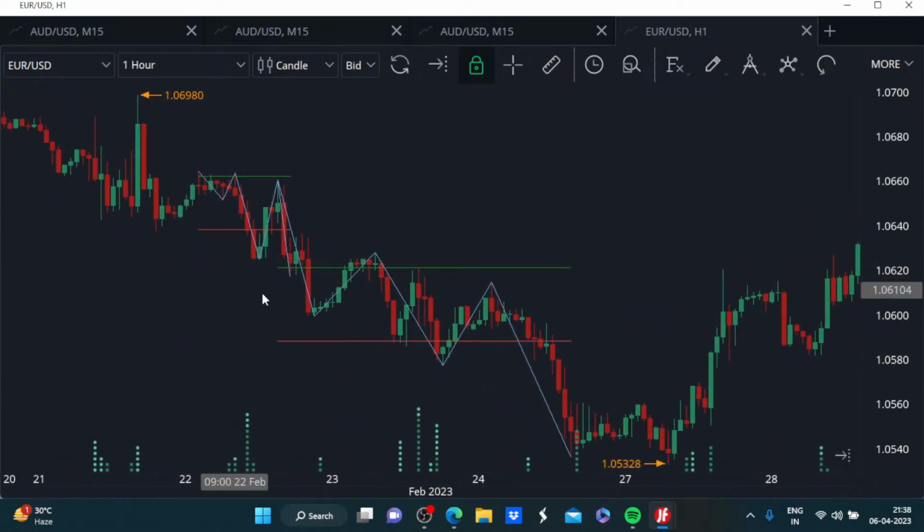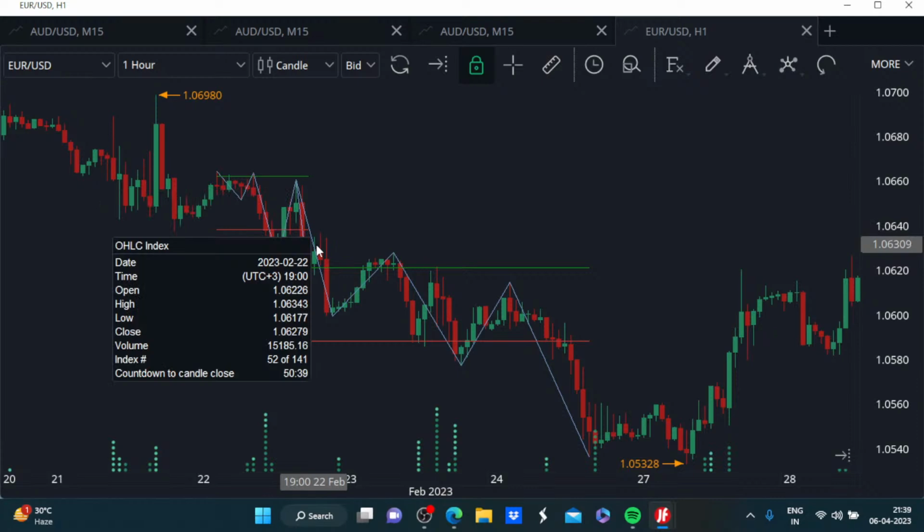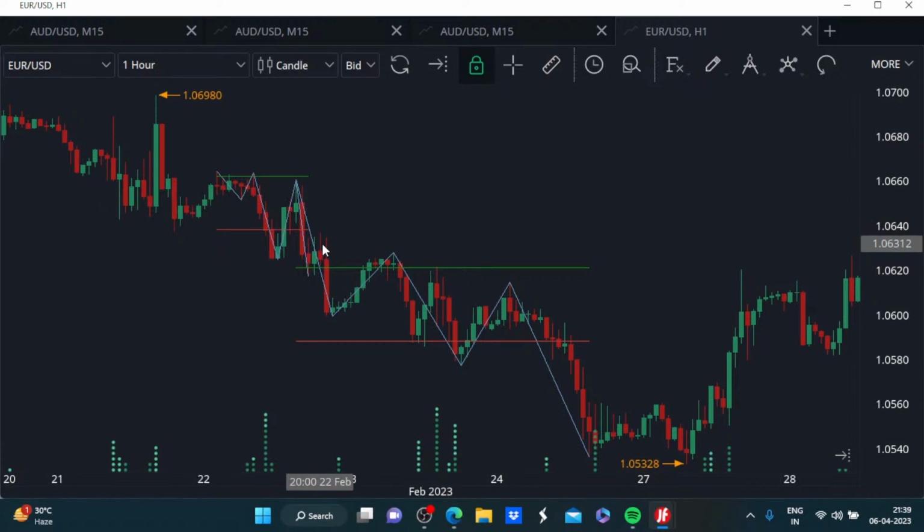So now if we look at these two instances here, for the inverse rectangle formation you would have needed this combination, the rectangle formation, to take shape, and after you saw that the breakout happened below this lower horizontal line, and for the next couple of candle periods the price moves were sustained below that level, you would have been in a position to short sell it, and subsequently there was this decline observed with the stop loss coming in closer to the high of this rectangular formation.